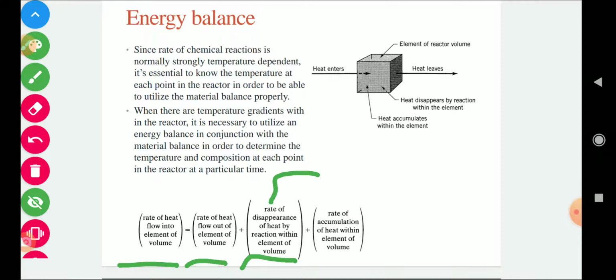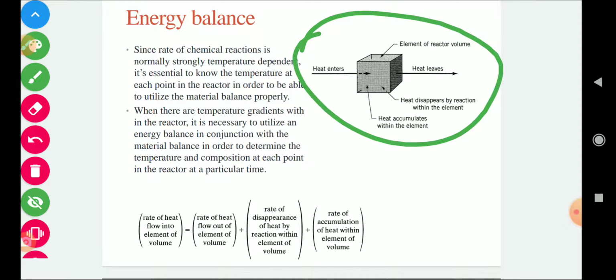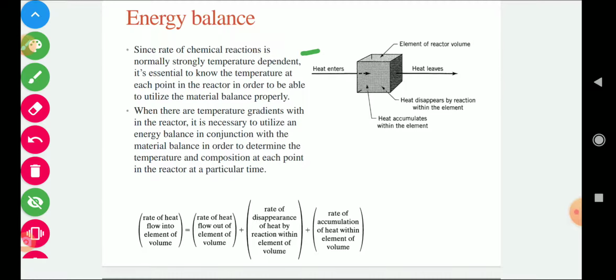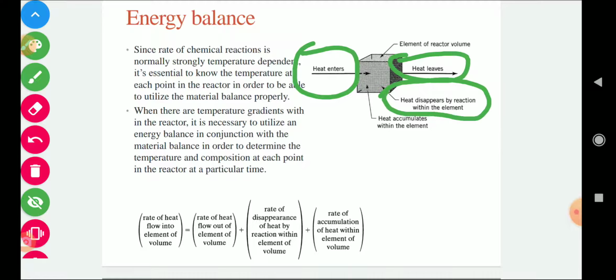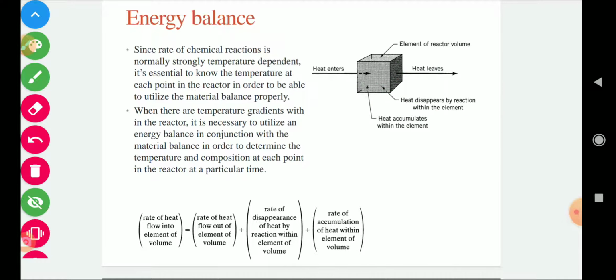It will depend on whether the reaction is exothermic or endothermic, plus the rate of accumulation of heat energy in the control volume. This is also illustrated in this diagram. The total amount of energy in the control volume will be equal to the amount of energy out from the control volume plus the amount of heat produced or consumed during the chemical reaction plus the rate of heat accumulated within the control volume. In that way we can apply energy balance.